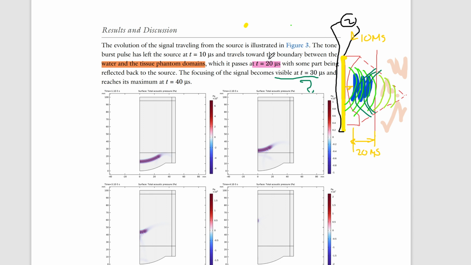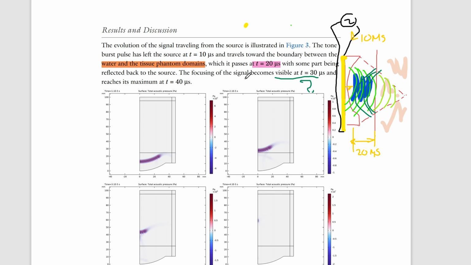Or is it not high enough to be captured? Because we have it right now at time equal to 20 microseconds. We've already got some reflecting occurring. Becomes visible to our computer at this point. Maybe that just means the time it takes to go back to our data acquisition software. And reaches its maximum.